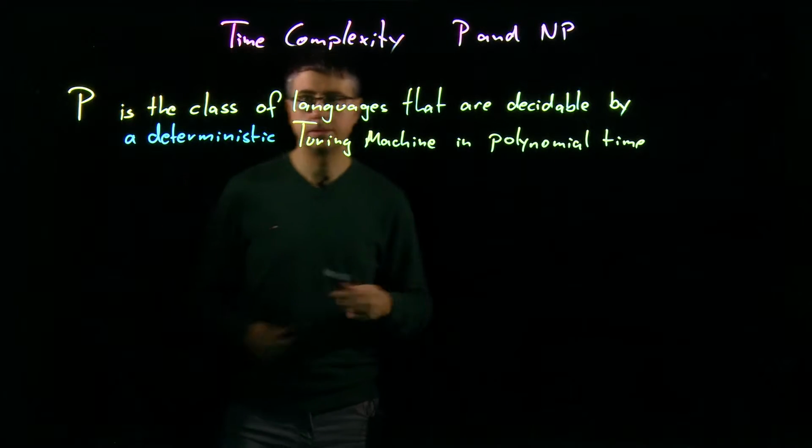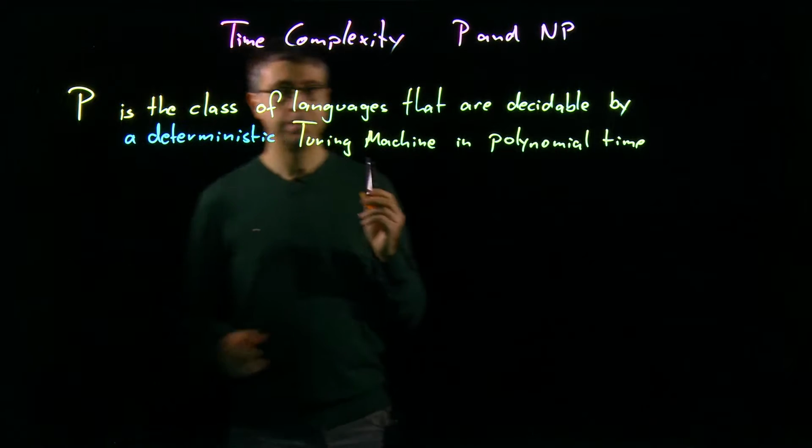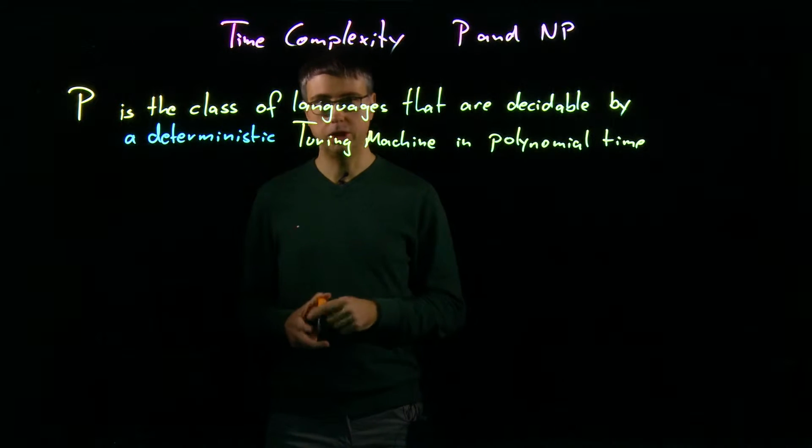So this is P, the class of all languages that are decidable by a deterministic Turing machine in polynomial time.